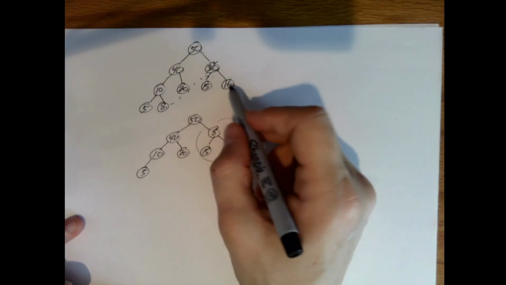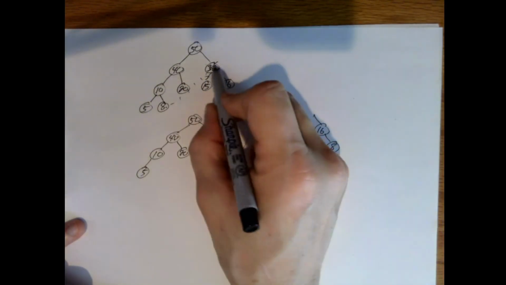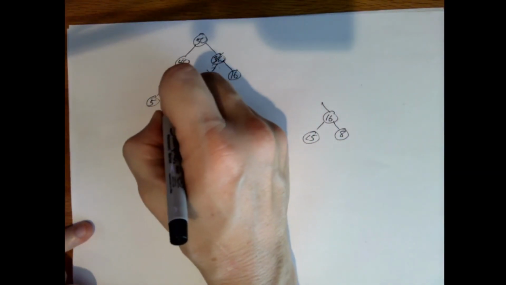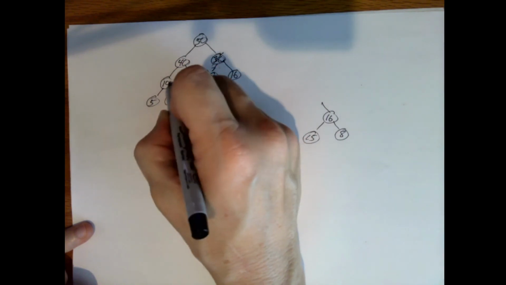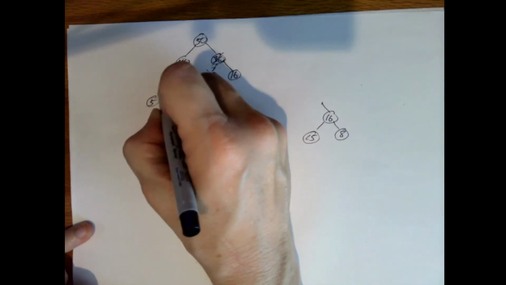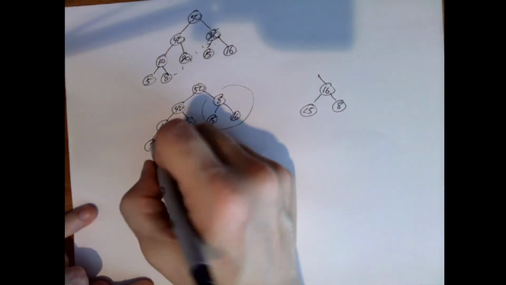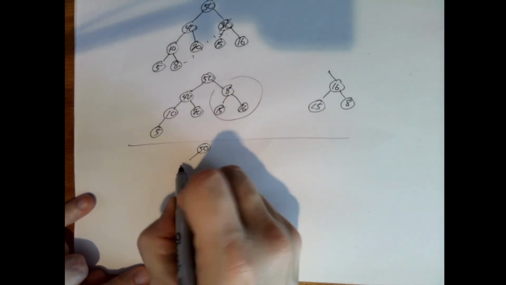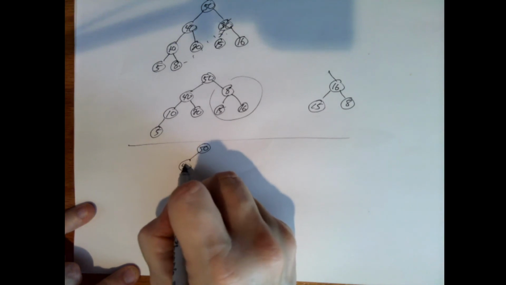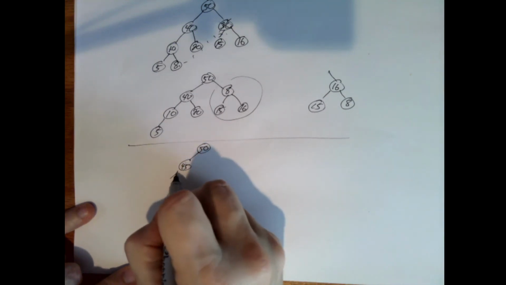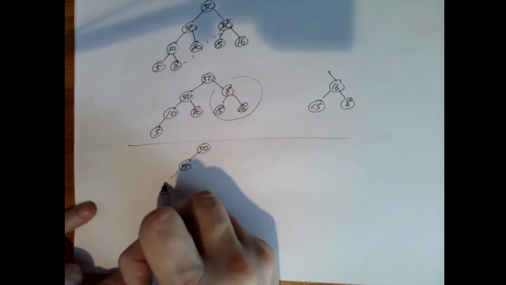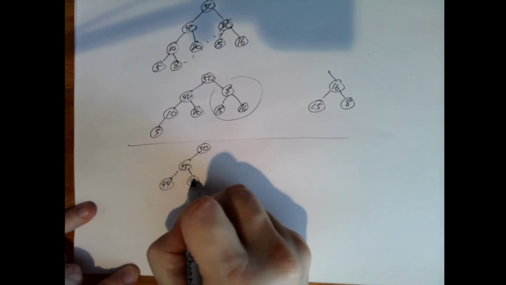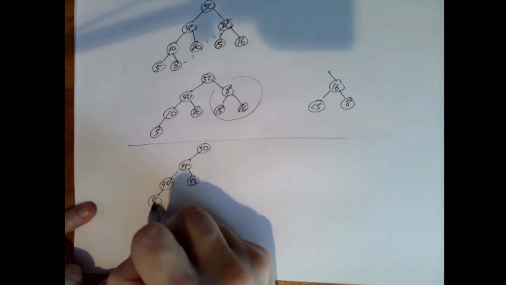So let's say we're removing the 16. Oh, here, we'll take this. Let's say we had, we'll say this was 50, 45, 44, 43, 42.